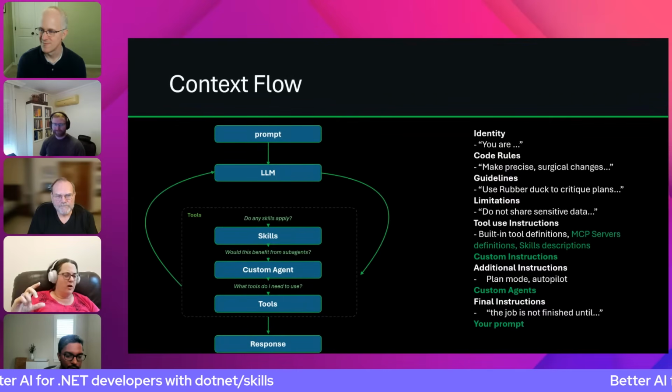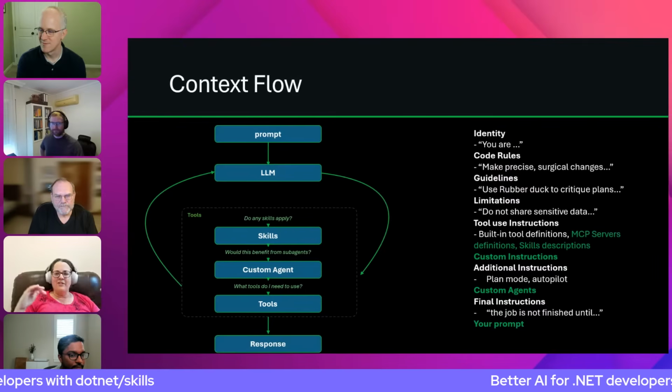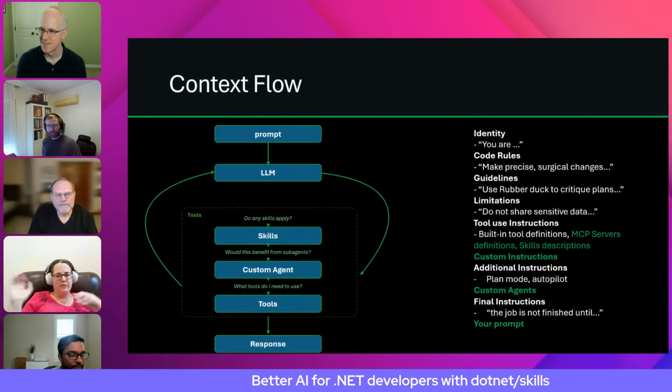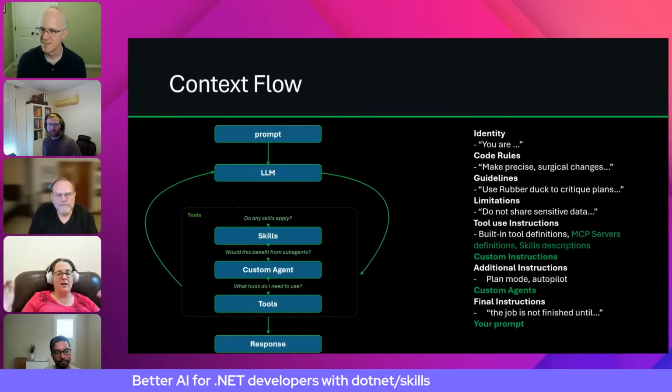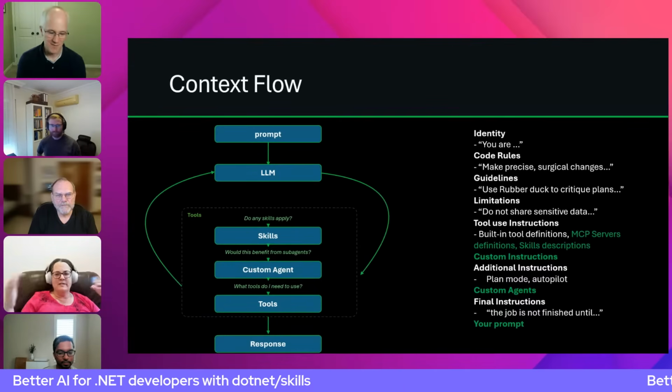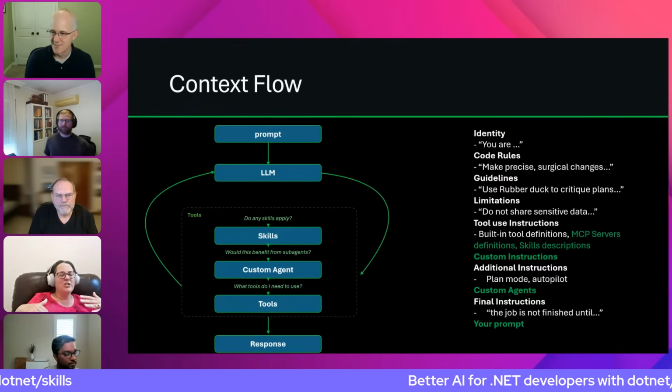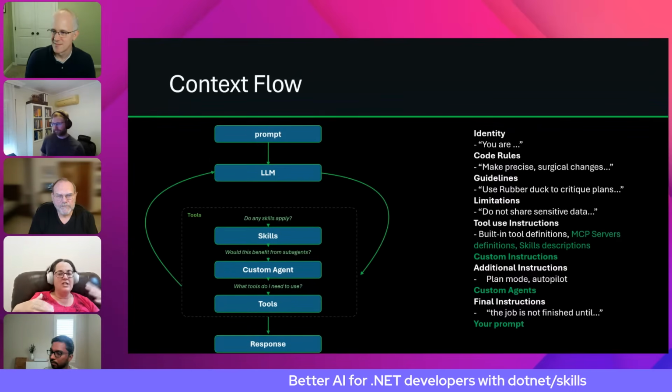And then your custom instructions. I'm going to dive into what all these are in a little bit, but I just wanted to give you the flow first, and then we'll get into details of what each of these are. So after the tools, then your custom instructions apply. Then any additional instructions that the agent harness provides.